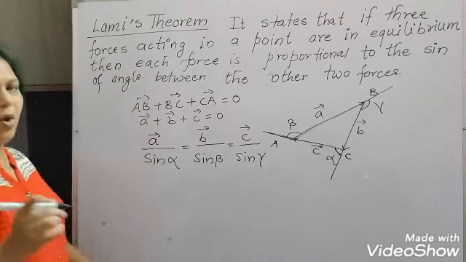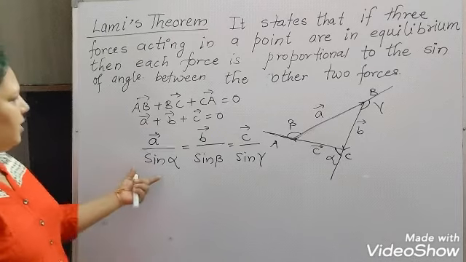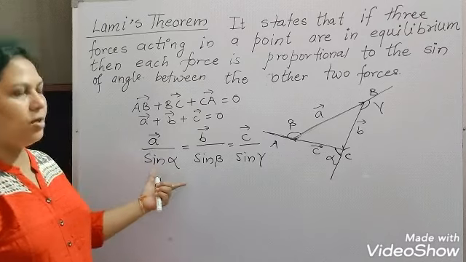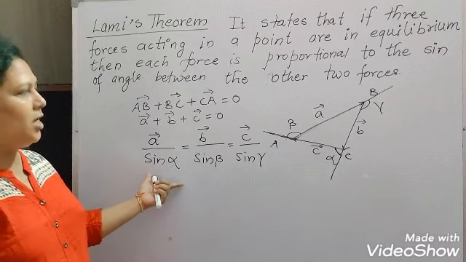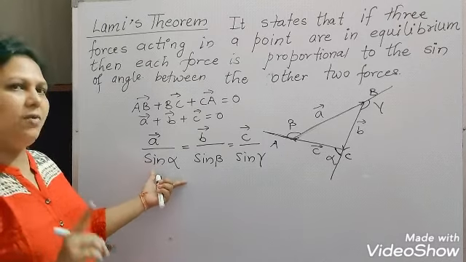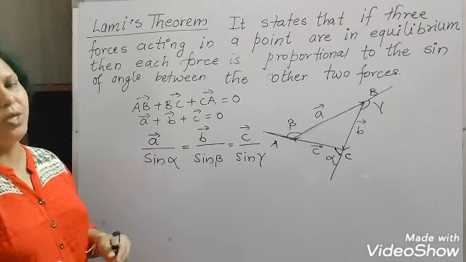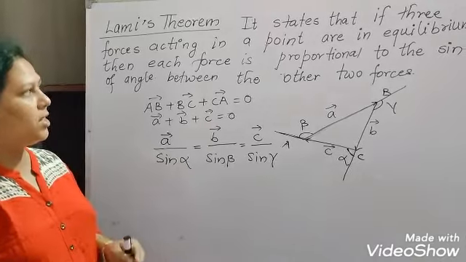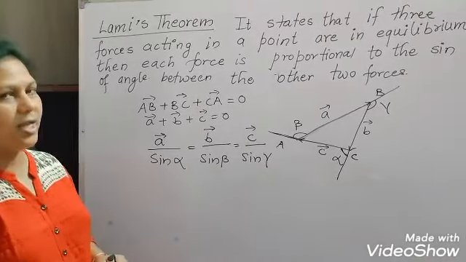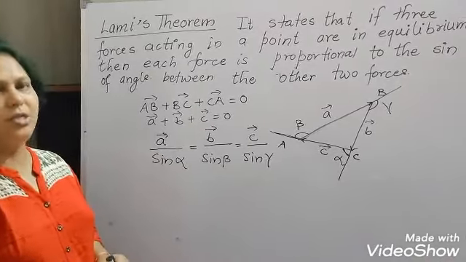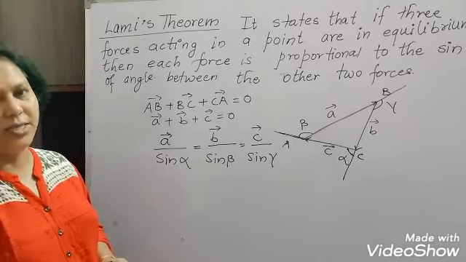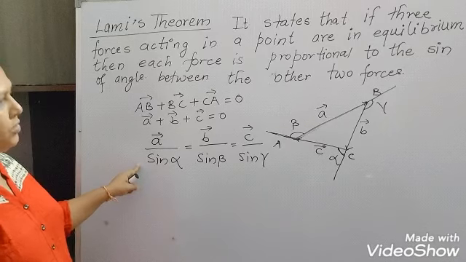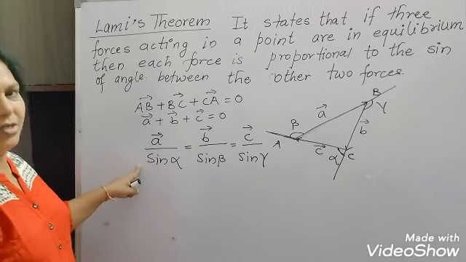This relation should be applied for vectors working at a point and giving zero resultant, or simply the forces working along the three sides of a triangle giving zero resultant. So we can apply Lami's theorem to that type of forces or any vector.